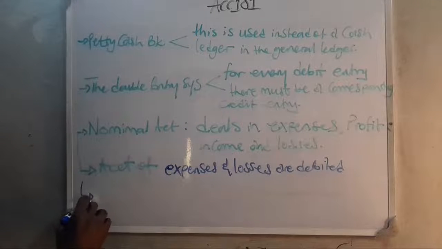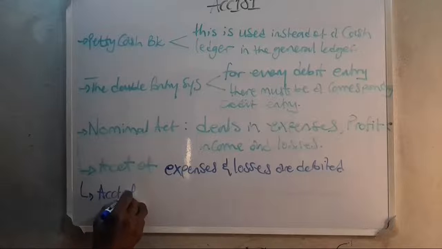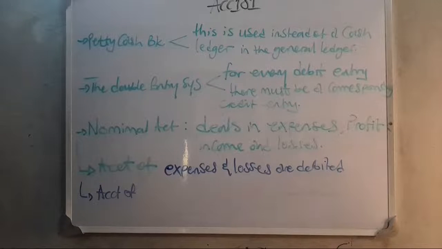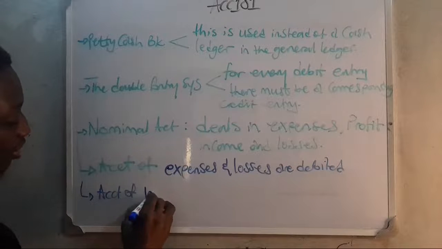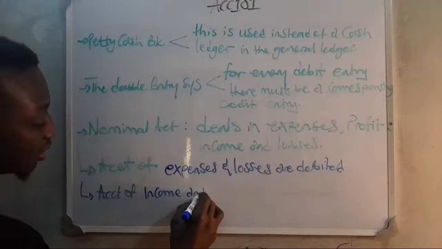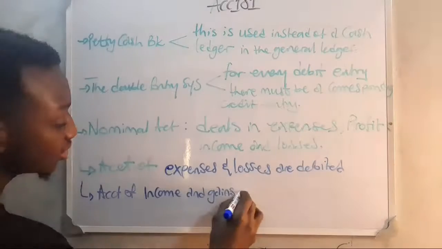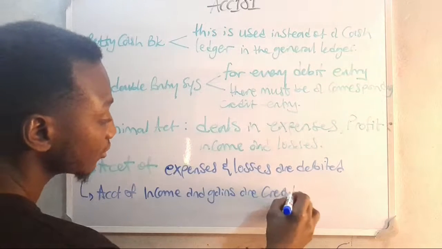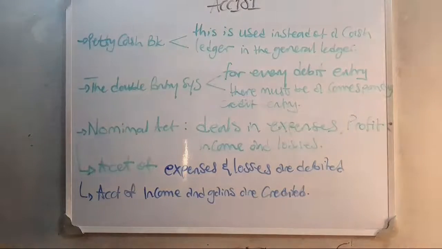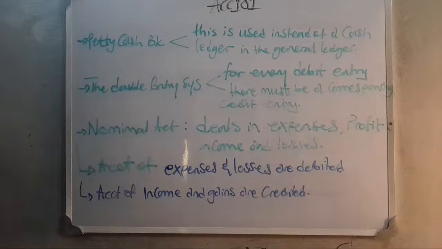It's just a normal law. When money goes out, you are debited, and when money comes in, you are credited. Income and gains are credited. So we have that as that.